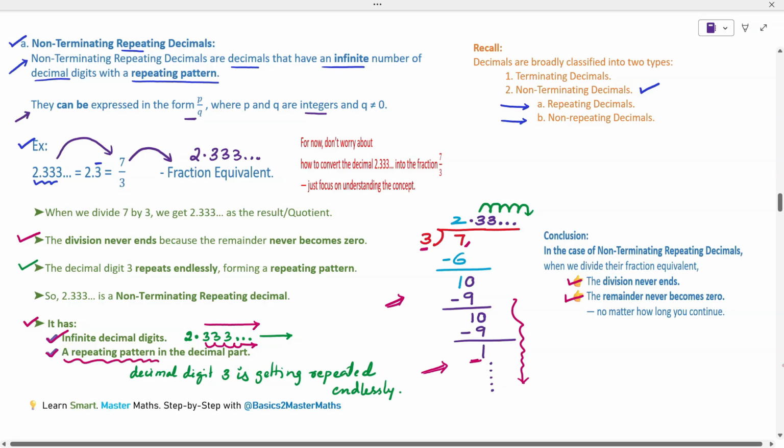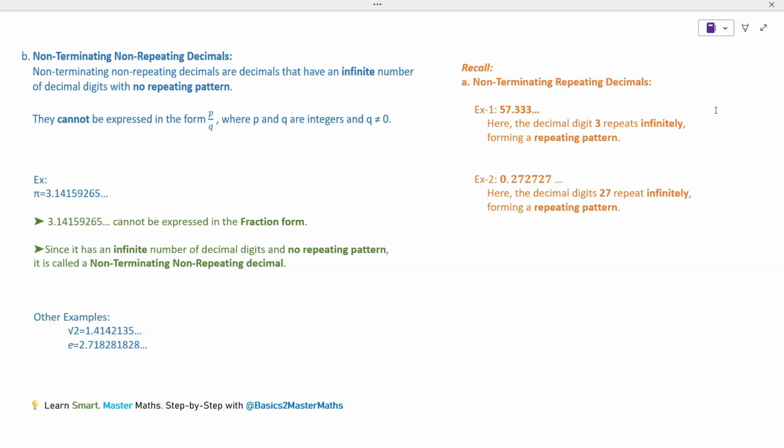Hence, 2.3333 is a non-terminating repeating decimal.